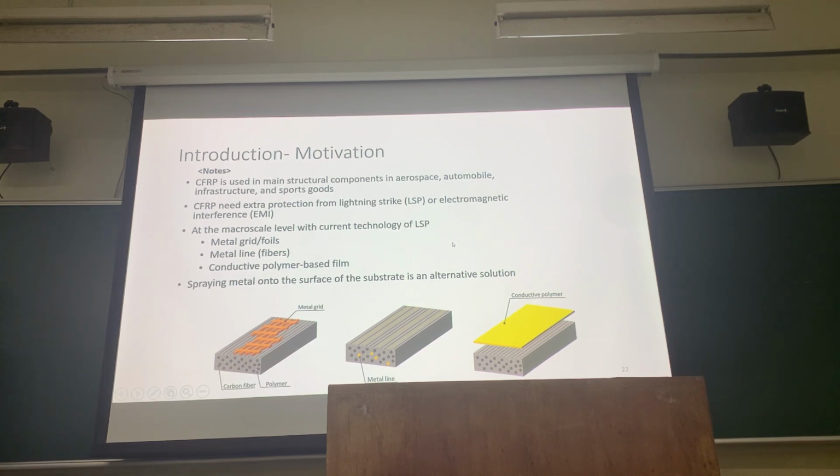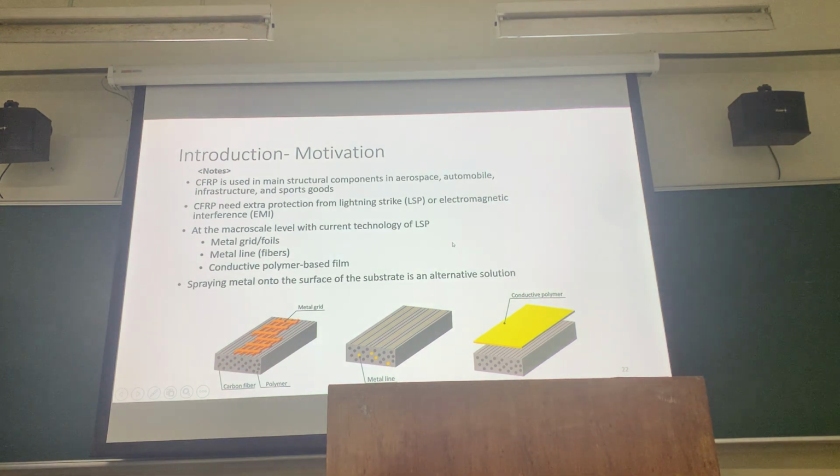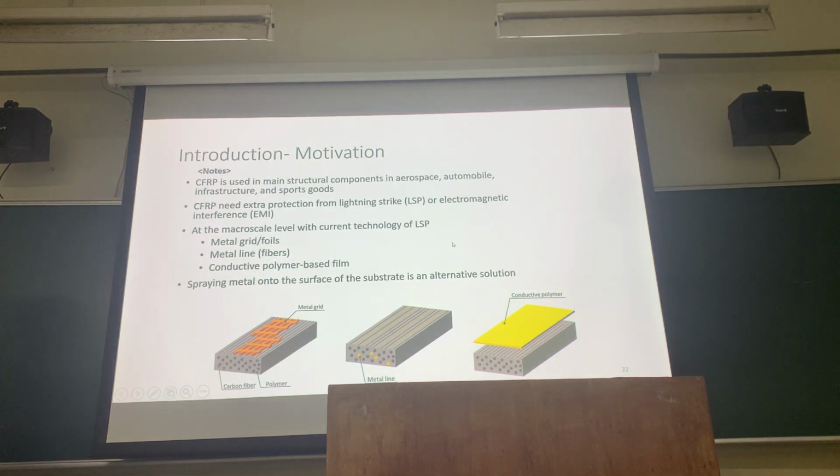So this is why cold spray comes into major play right now, at least in CFRP. CFRP stands for carbon fiber reinforced polymer. This basically brings up a new research territory compared to what cold spray traditionally is.